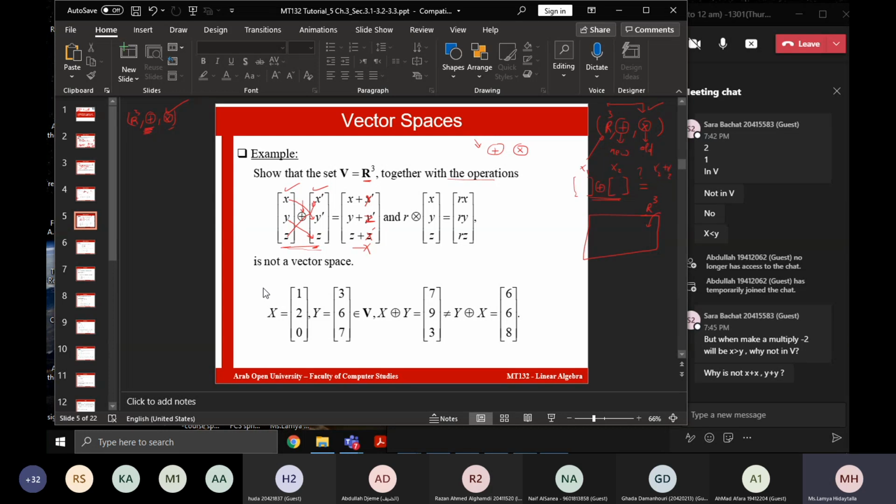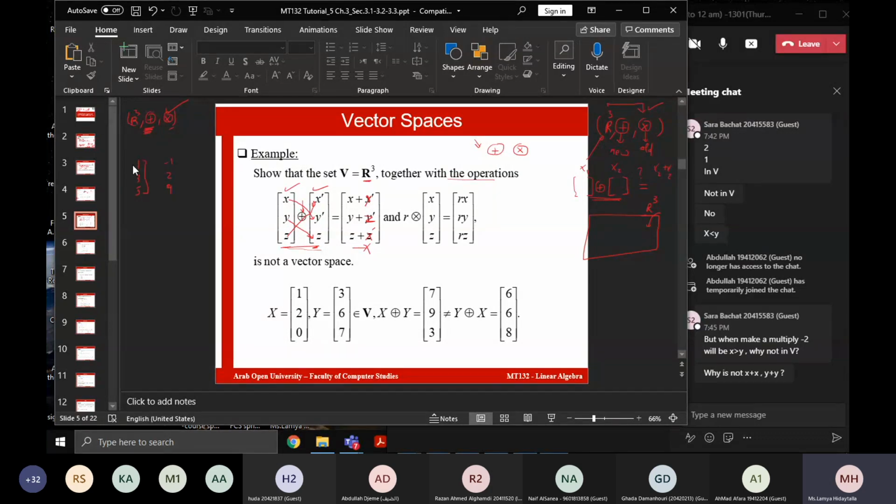If it's not satisfied for that vector, then that means it's not a vector space. Take any two vectors. For example, let's take 1, 3, 5, and take -1, 2, 9, or whatever.